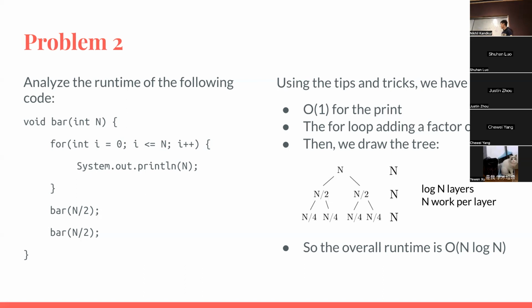This is a diverging sequence, but if it's finite, I think this goes to something like n squared with master theorem, but I don't think you would actually encounter something like this in CS 61B.